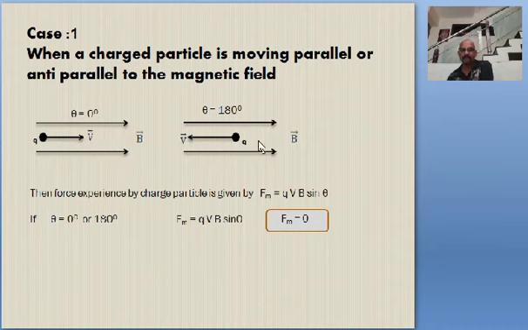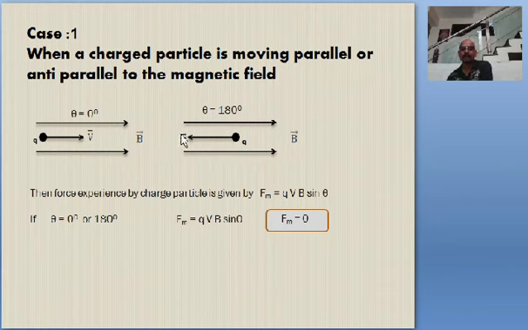Or in this case, the magnetic field is acting along the positive x-axis, say, and the charge is moving along the negative x-axis with a velocity v. Here theta is the angle between the velocity vector and the magnetic field vector, and theta is equal to 180.